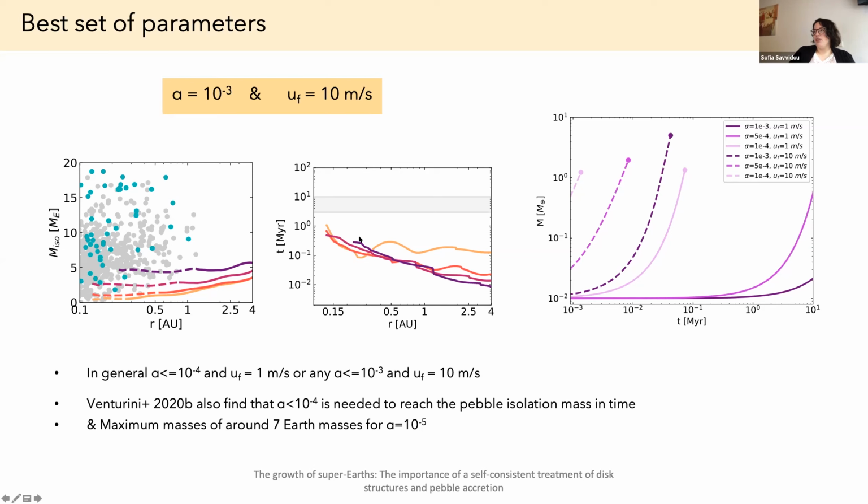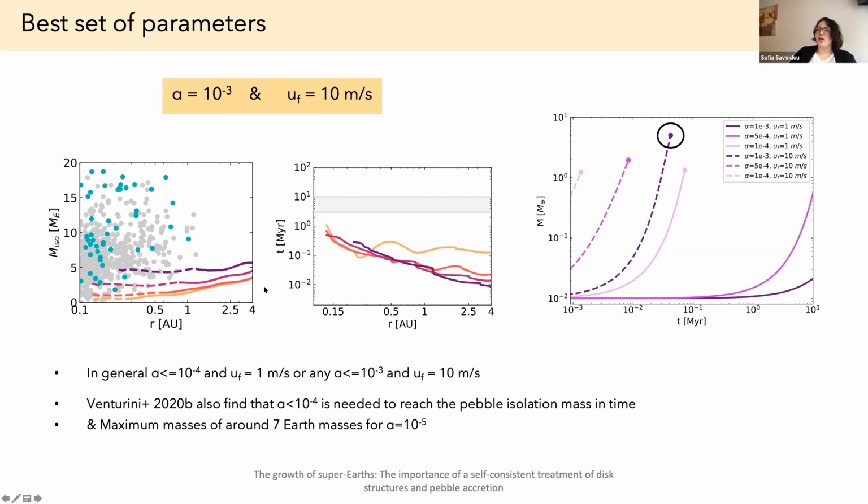As I've shown in these two plots, there's another easier way to see it in this plot, where I have the masses of the planets and the time it takes for them to form. These are the different models that I've shown, for these specific parameters. We can see we have the higher masses, and it takes a relatively short amount of time to build them, which would mean that we are safe to assume that it would be possible.